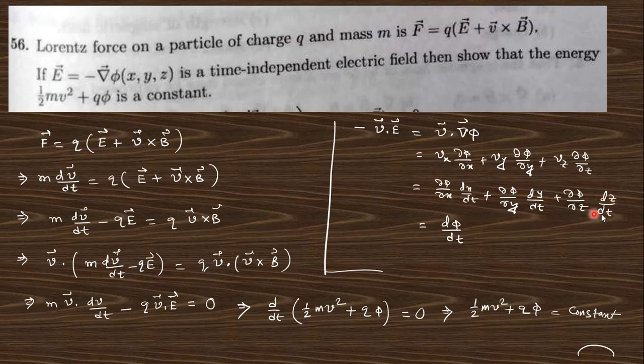So this thing is nothing but dφ/dt. Since φ is time independent, this can be written as dφ/dt, which will be 0. So the derivative is 0, so this term will be constant. I think it's clear. If there is any doubt, you must comment in the comment box. Go to the next one.